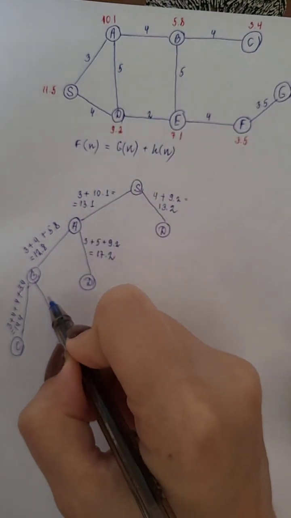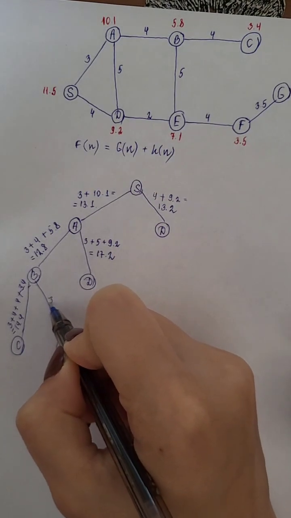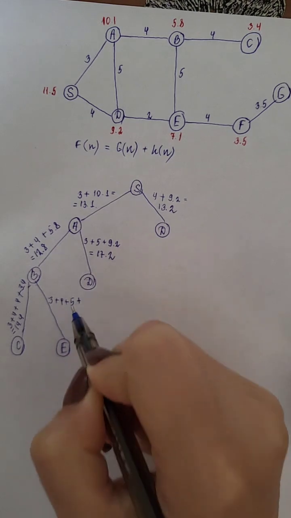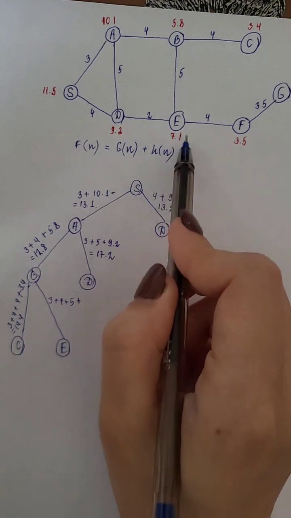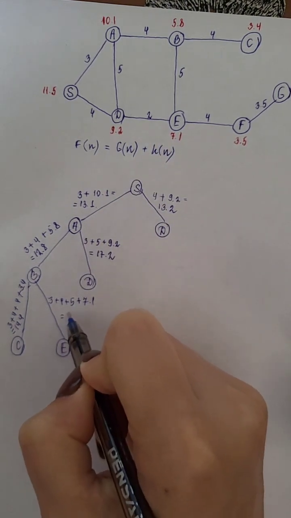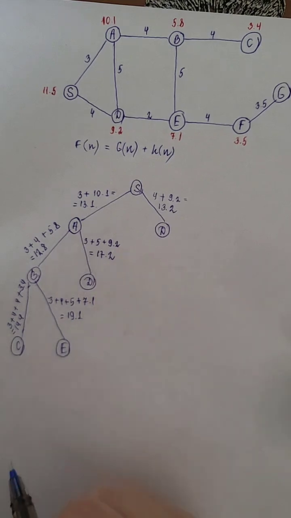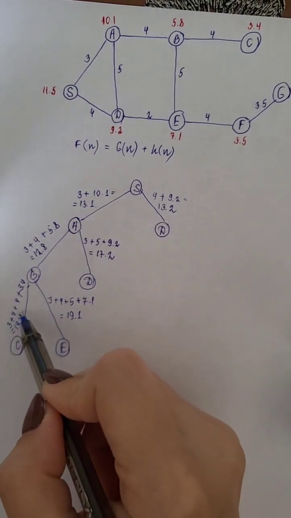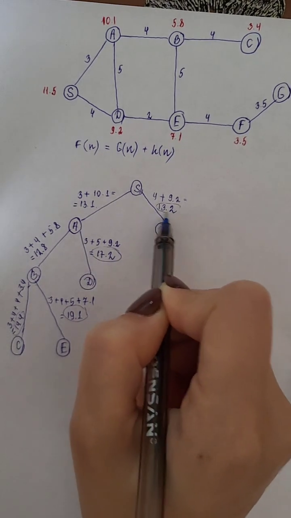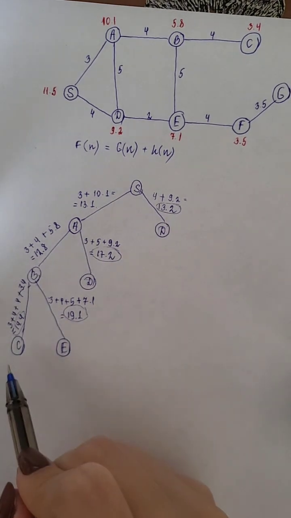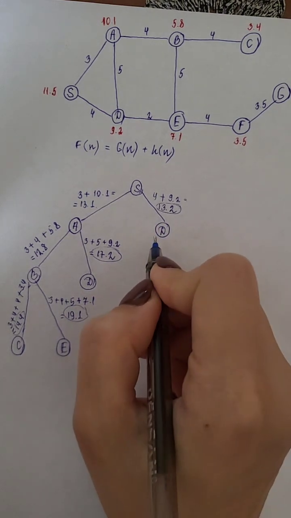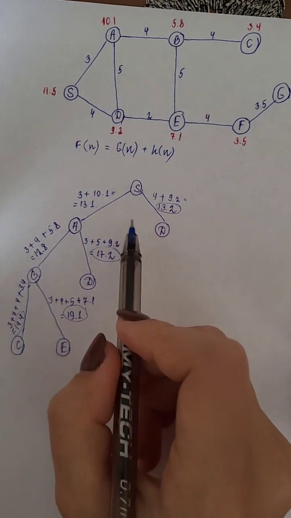So I will write here 3 plus 4 plus 5 plus, what's the heuristic value of E? 7.1, which gives us 19.1. So we have this one, this one, this one, and this one. Which one is the minimum? Of course, D, yes? Then we will continue with D.